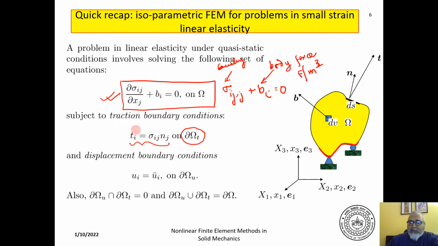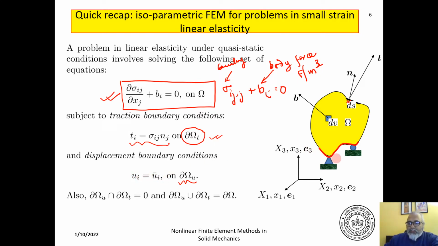So the applied tractions, Ti, are the tractions that are applied on this part of the boundary, and they are related to the stresses right next to the point of application of the traction by sigma ij nj, where n is the outward normal at the point of application of the traction. This is a boundary condition that is applied on delta omega t, and then you have another part of the boundary which we call delta omega u, which has displacements applied on it.